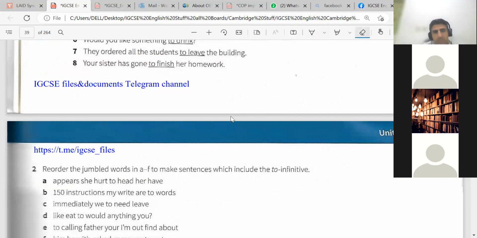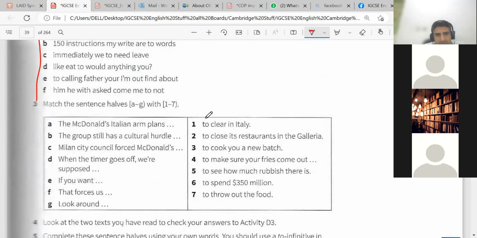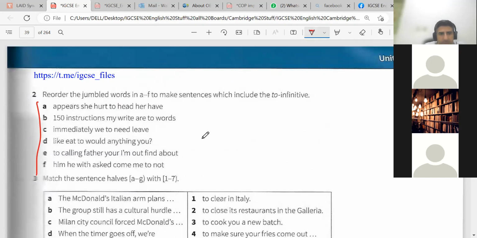Okay. Now, please, after explaining how to use or why we need the infinitive, can you please reorder the jumbled words in A to F, which include two infinitive, right? After doing this, match the sentence halves A to G to sentences 1 to 7.